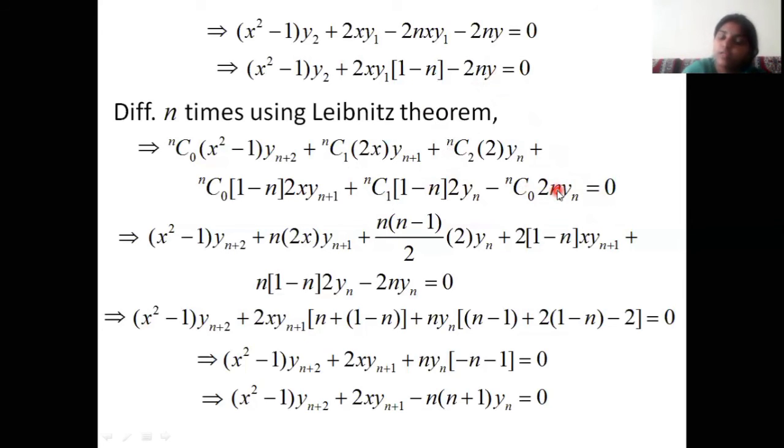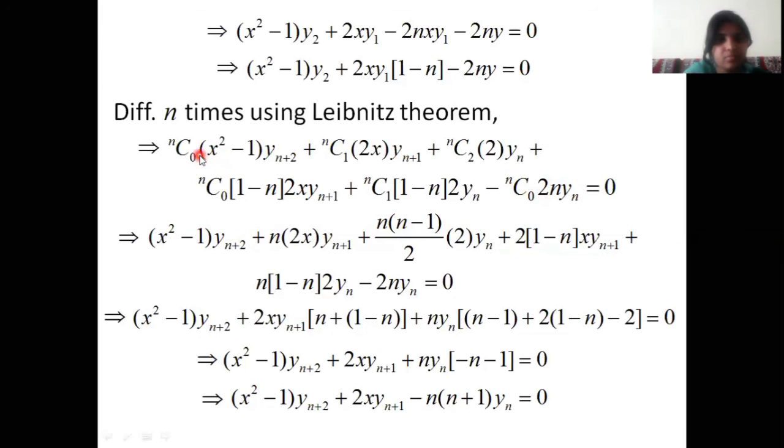There is no need to write the next term, because for nc1 the coefficient will be 2 into n into the derivative 1, which is 0, so there it vanishes. So nc naught 2n yn is equal to 0. So this is all about using Leibnitz theorem. This is how you have to use Leibnitz theorem.